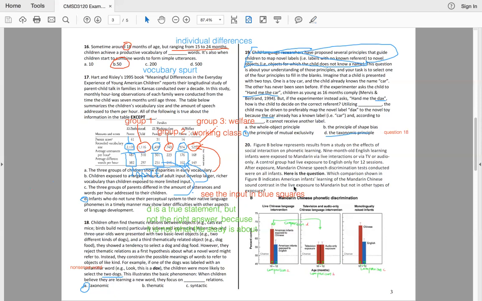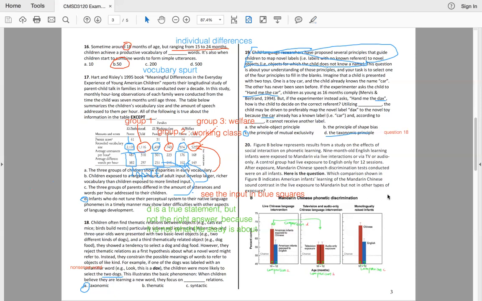First, you need to see a result that shows the children in the live exposure condition in comparison to other types of exposure.